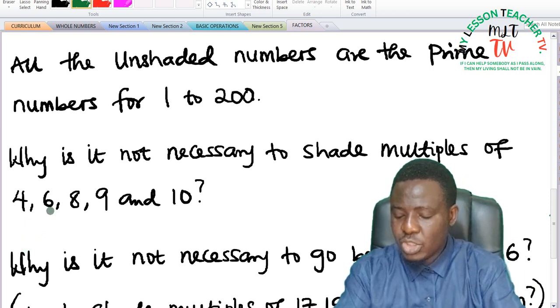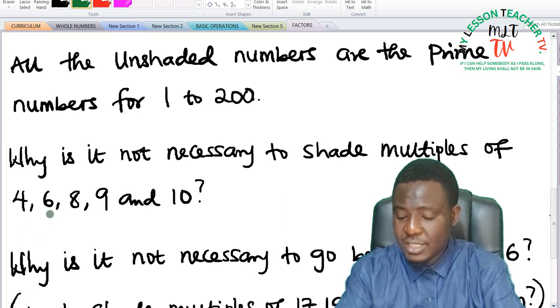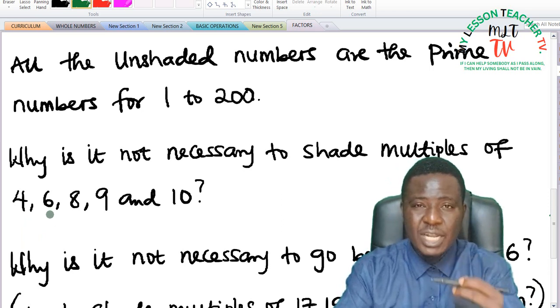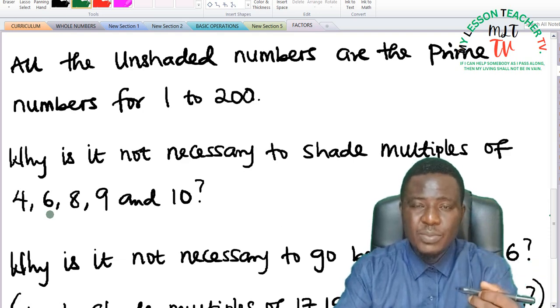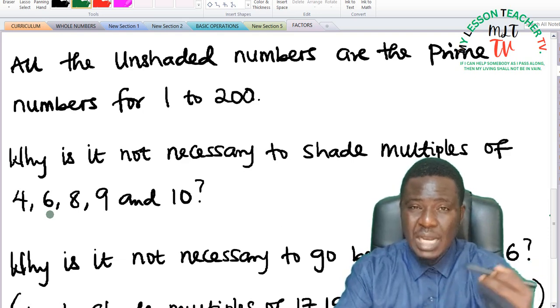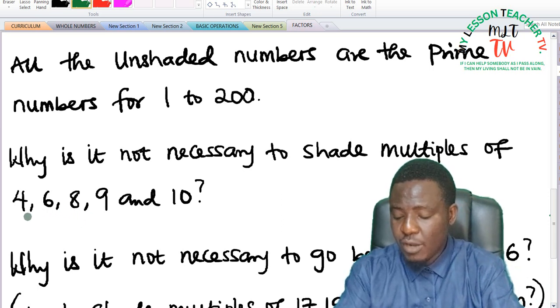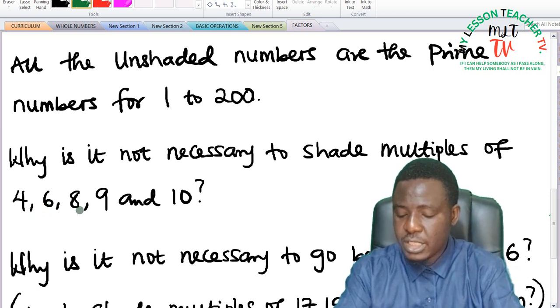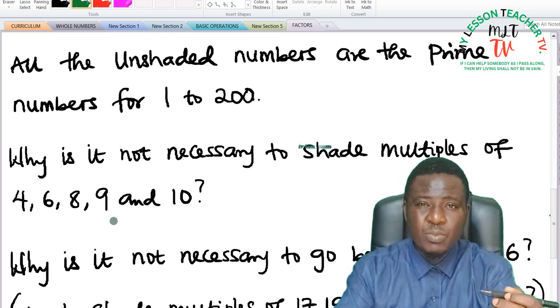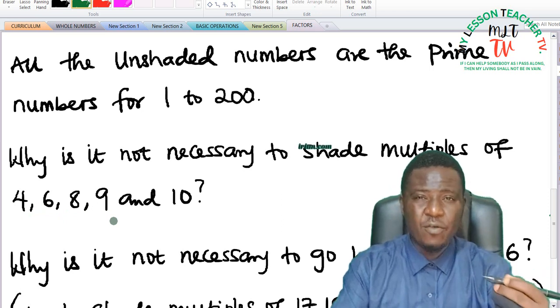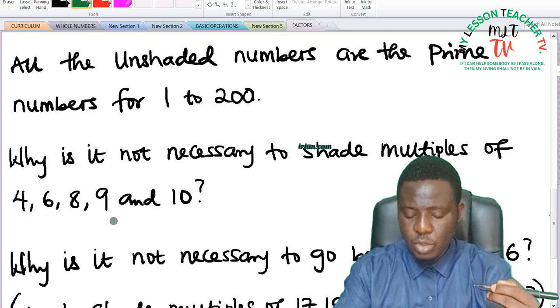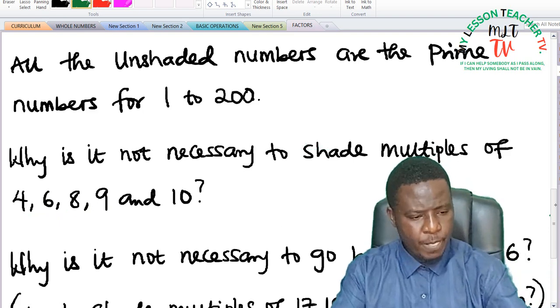Why is it not necessary to shade the multiples of 6? Since we have shaded all the multiples of 3, they are also the multiples of 6 as well as 9. So it is not necessary for us to shade 4, 6, 8, and 9, and shading the multiples of 5 automatically shades all the multiples of 10.